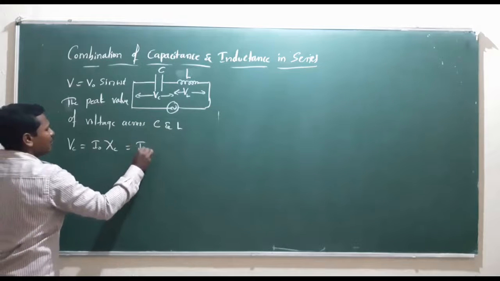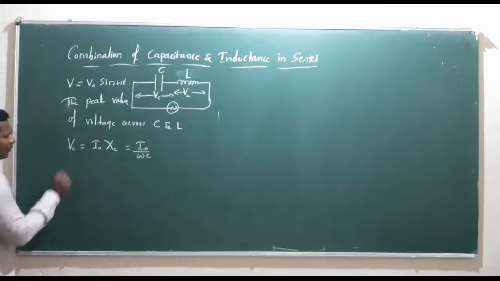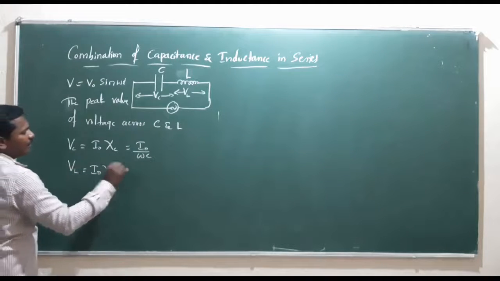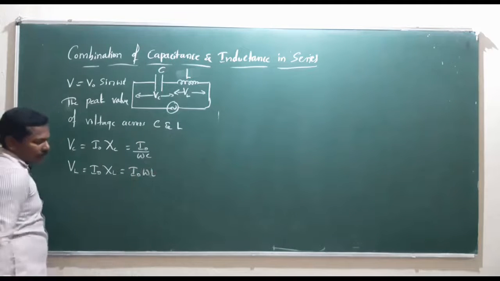This can also be written as I0 divided by omega C. So VL is equal to I0 chi of L, which can be written as I0 omega L.